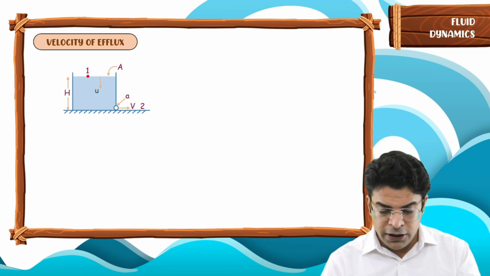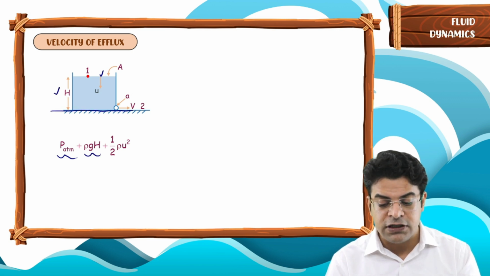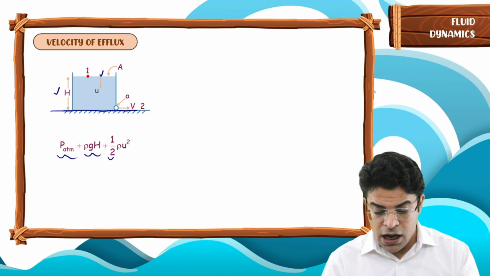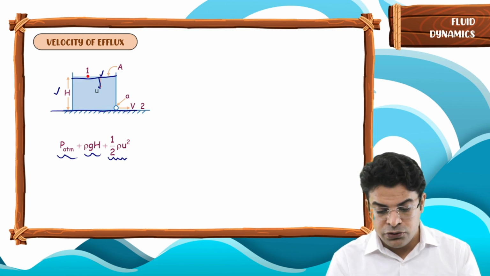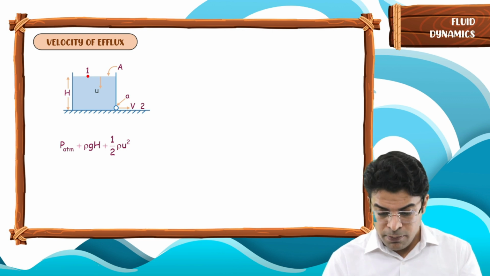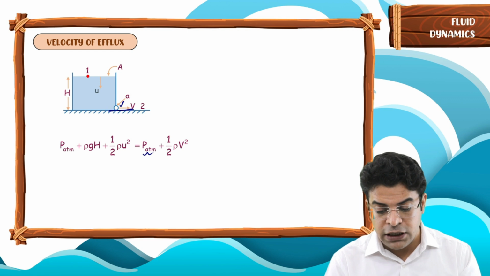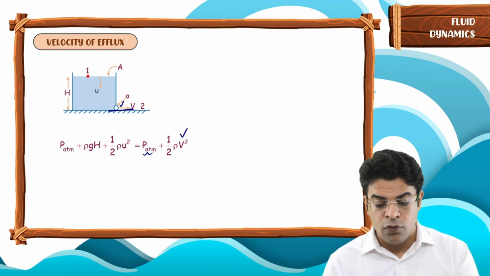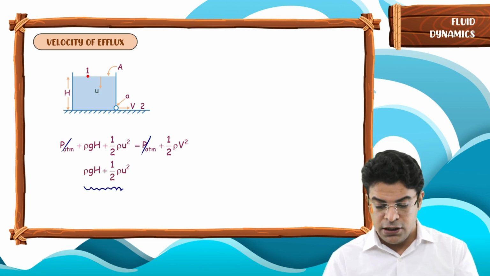So for top layer, you will write P atm plus rho gh, the height above the reference line is h, plus half rho u square, because the speed of this top layer is u, equals to P atm plus rho g into 0, because the height is 0, plus half rho v square. Now here you can cancel both the side P atm, and you will get rho gh plus half rho u square equals to half rho v square.